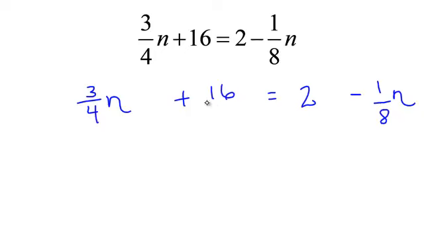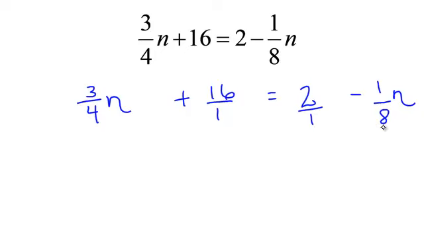16, well, that's just over 1. 2 is just over 1. And then we have negative 1/8 n. So I need the least common denominator for 4, 1, 1, and 8. So 4 and 8. What will 4 and 8 both divide into? They'll both divide into 32, so I could use 32.